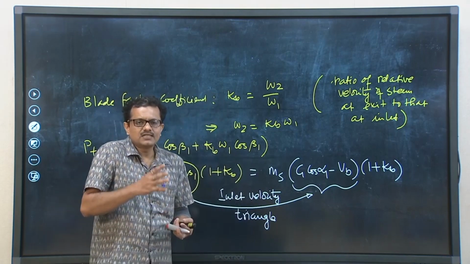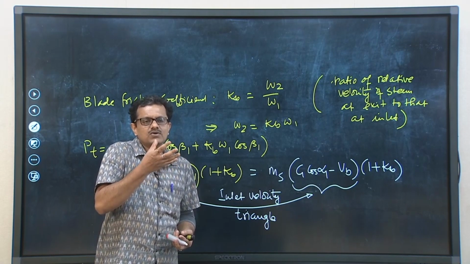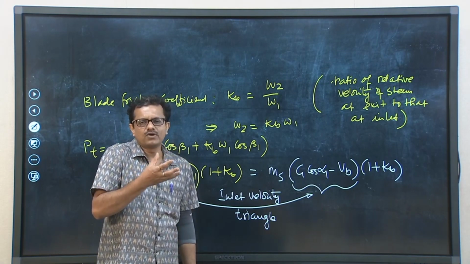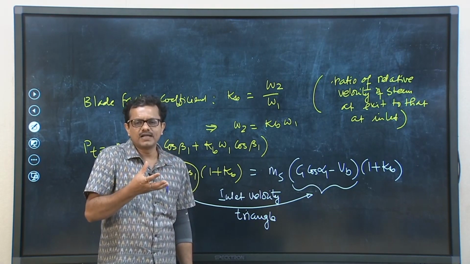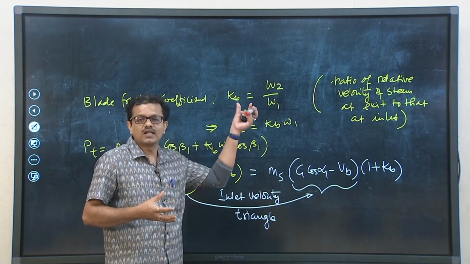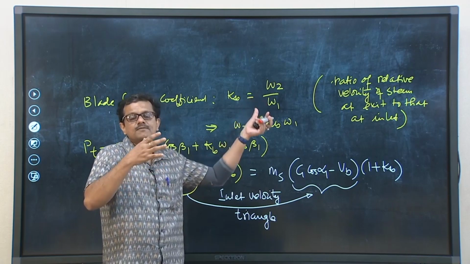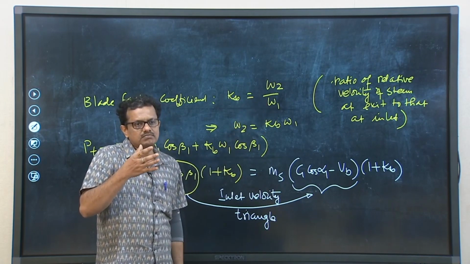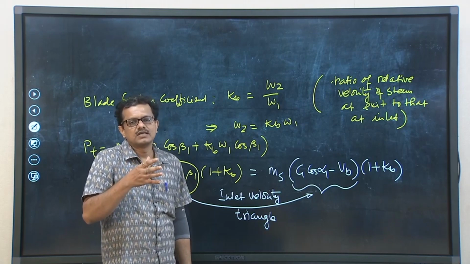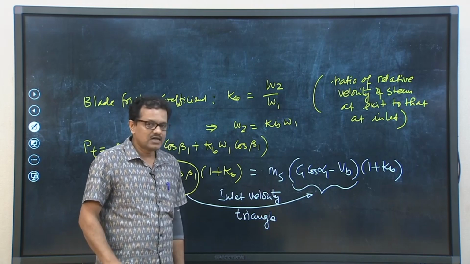When steam jets come out from the nozzle and strike the turbine blades, a part of that energy is utilized to overcome the frictional losses, due to the roughness and surface heterogeneity of the blades, most importantly the roughness factor.